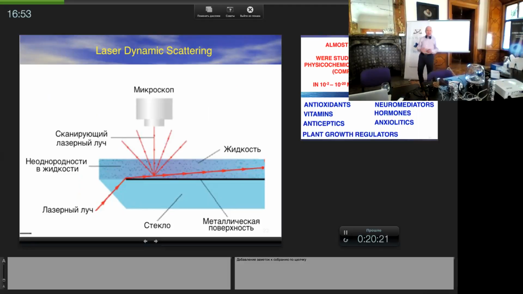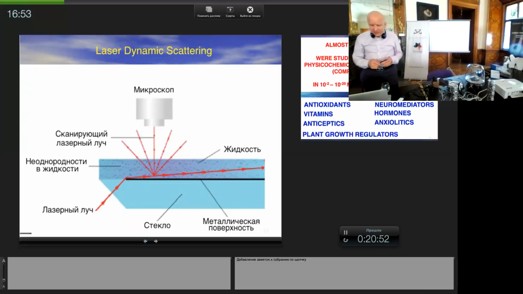In this reflection, they see an image, like a pattern. And this pattern gives the structure of this liquid. If it's a homogeneous liquid, then there is nothing on this pattern. If there are some structures, you can see the structure physically. And this is very precise because it is light, so they can see structures up to tens of nanometers in size.